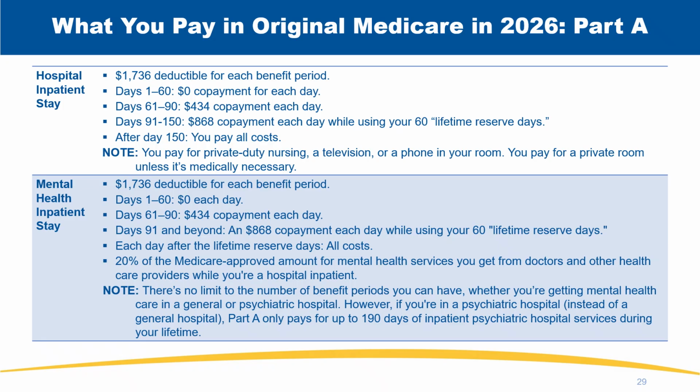After day 60, between 61 and 90, you will pay $434. Once you go beyond day 90, but still within 150 days, you'll pay $868 per day. If you look at after day 150, you pay all costs.